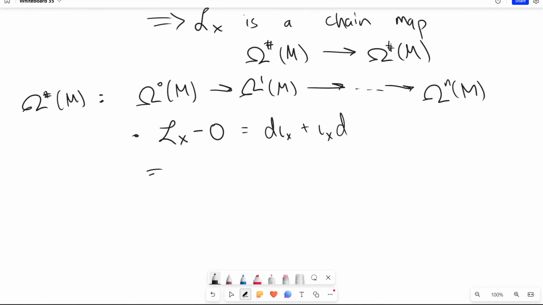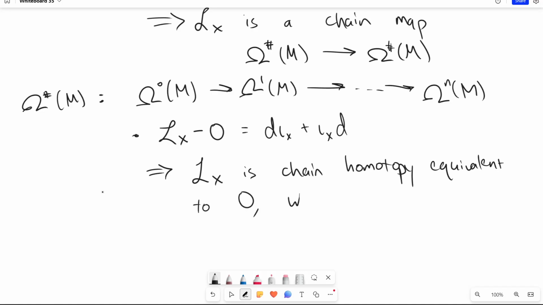This expresses that Lx is chain homotopy equivalent to 0, where ix is the homotopy operator. I guess the chain homotopy is the terminology here. The chain homotopy.